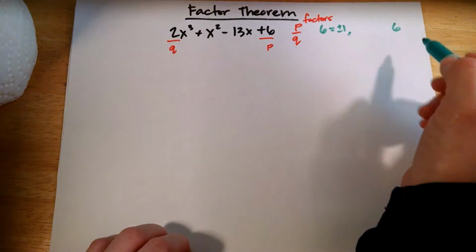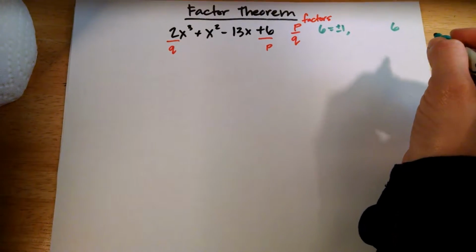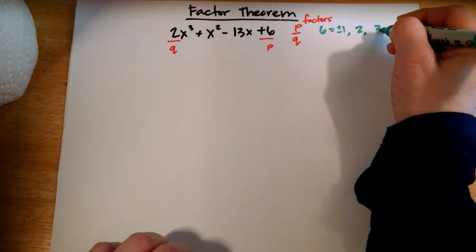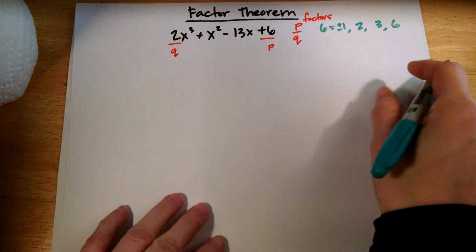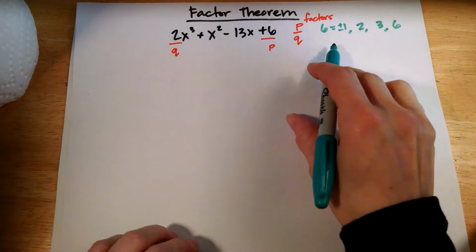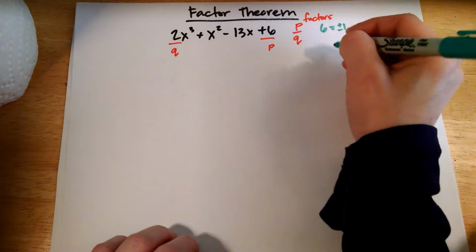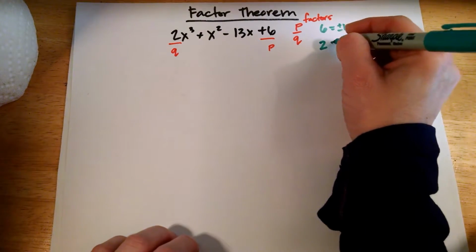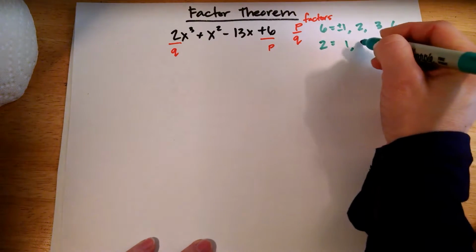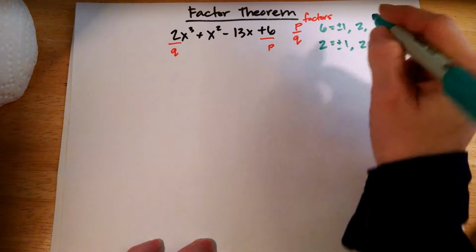We can have plus or minus any of these numbers in between for factors. Okay, so 1 and 6 and 2 and 3. They all make 6. Those are factors of 6, which you should know already. And now we're going to write down our factors of 2. The only factors of 2 are 1 and 2, plus or minus.